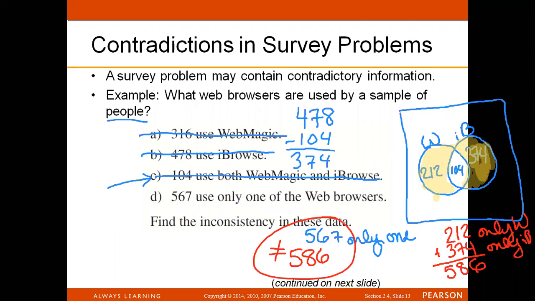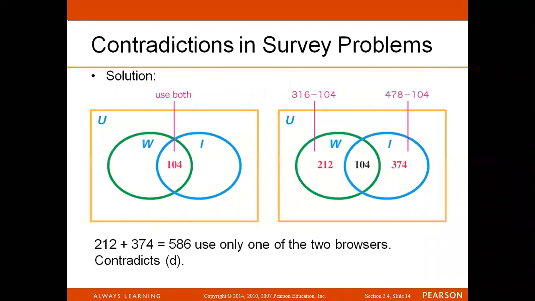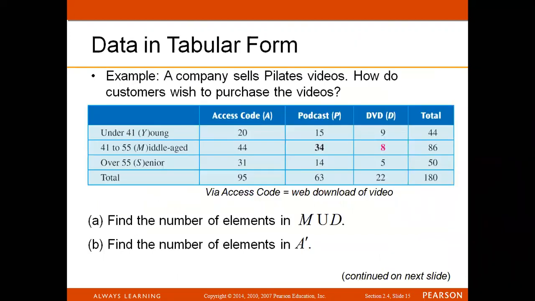And so they told us to find the inconsistency in the data. We found the inconsistency. There should be 586 here, according to what we've discovered. And that's what we're told here. 586 use only one of these two browsers, which contradicts D.